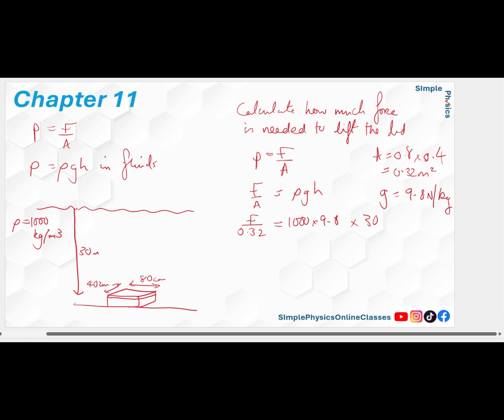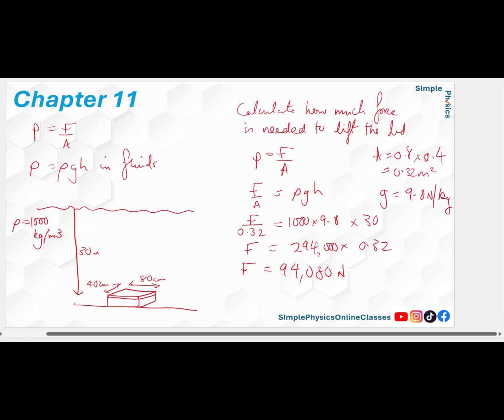So 9,800 times 30 is 294,000. Then F is simply that number times 0.32, because we're taking the 0.32 over 0.32. So that gives you an F of 94,080 newtons. So that's how much force is exerted on the lid.